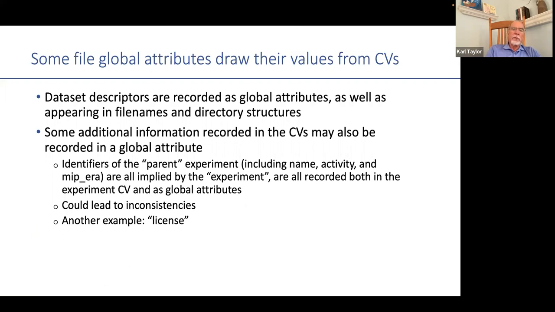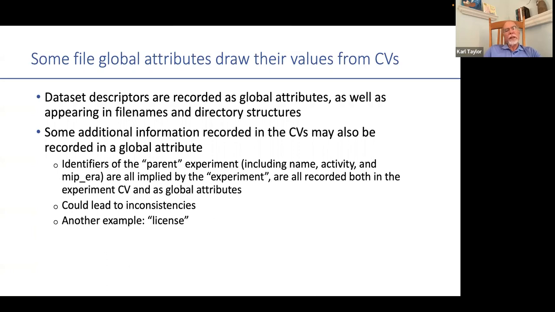And when you write that into a file, you better get that right. It has to be consistent with what is specified by the experiment. And if you make a mistake, say you wrote control run, and the actual parent experiment name is PI control.